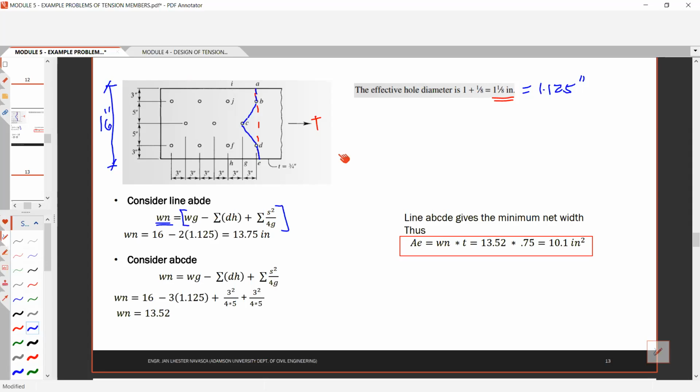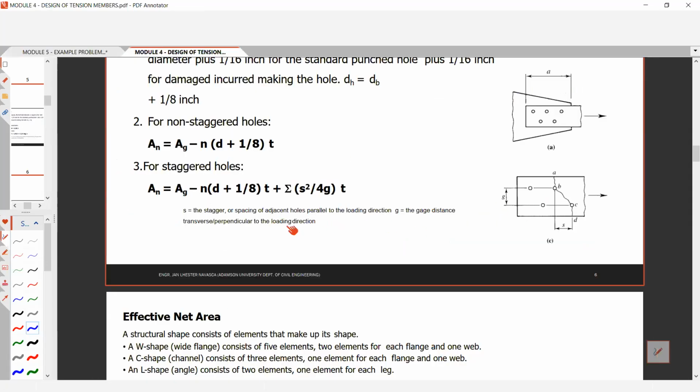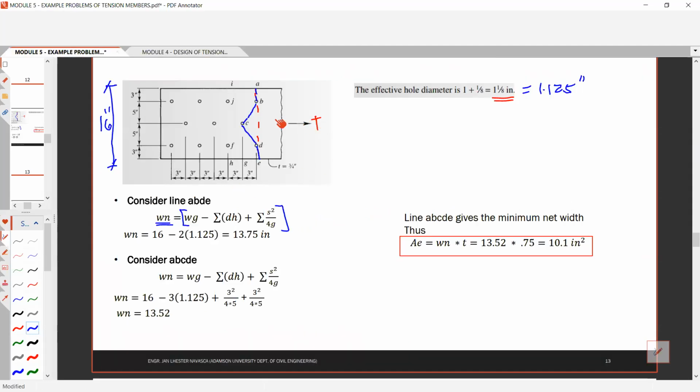Again, take note that your S is parallel to the loading direction, and your G is perpendicular to the loading direction. You have a horizontal loading direction, so your S is in the horizontal position, and your G, or your gauge distance, is in the vertical position.